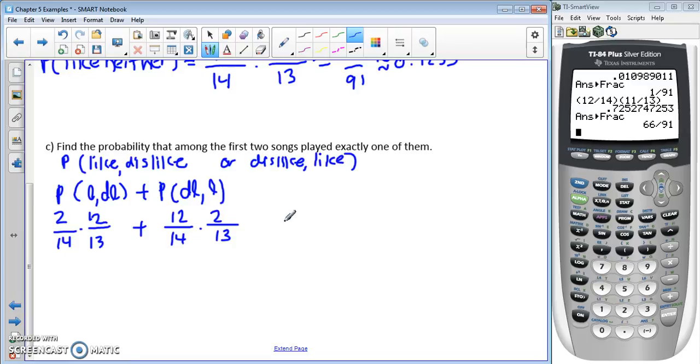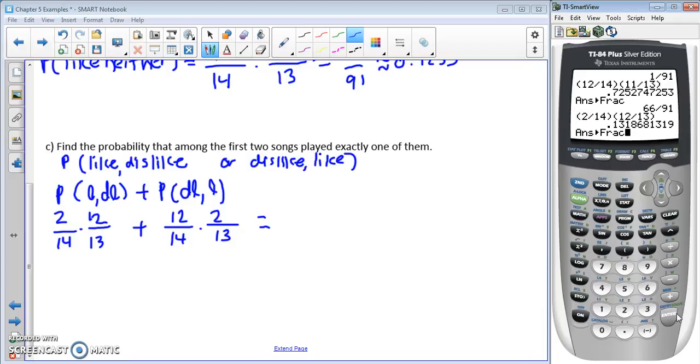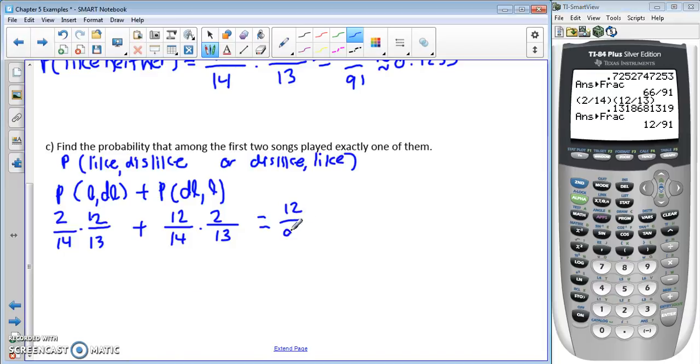It didn't change anything. So now I'm just going to do that together on the calculator. So I can do 2 divided by 14, close my parentheses, 12 over 13, putting all my fractions in parentheses, and enter, math, enter. So this is 12 out of 91.